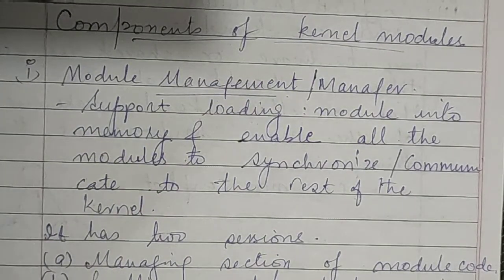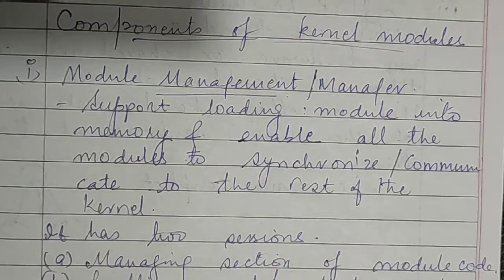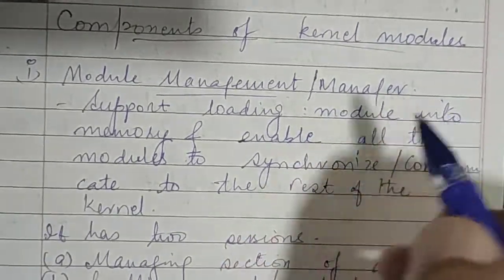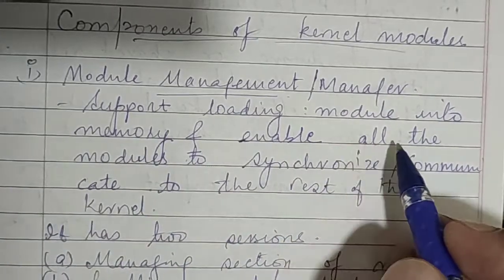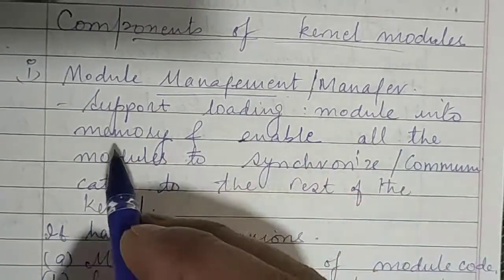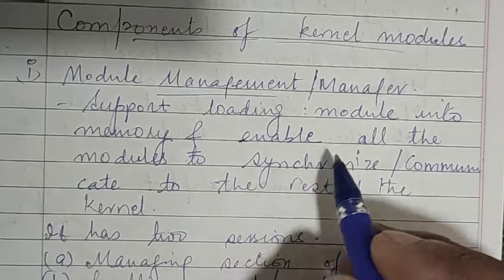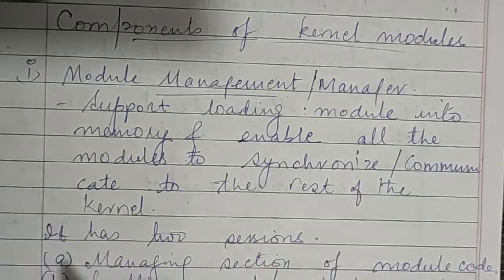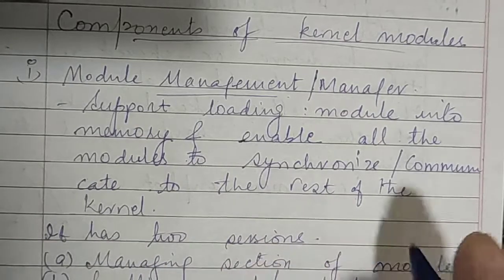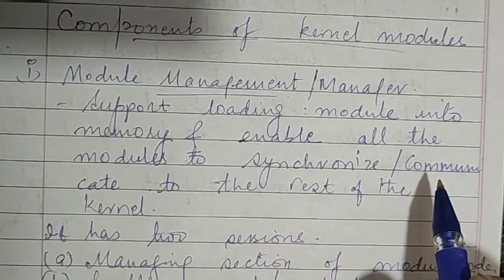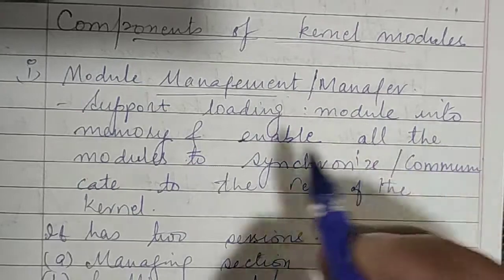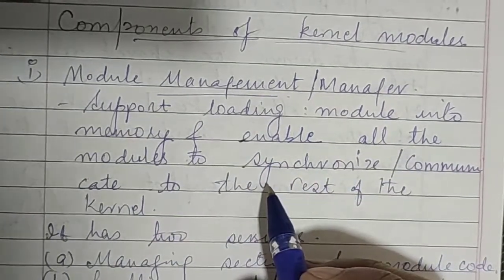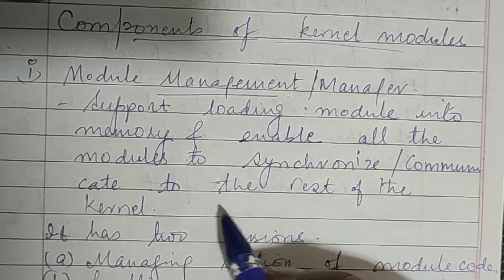Components of kernel modules. First one is module management, or you can say the module manager. It supports loading modules into main memory and enables all the modules to synchronize or communicate with the rest of the kernel.